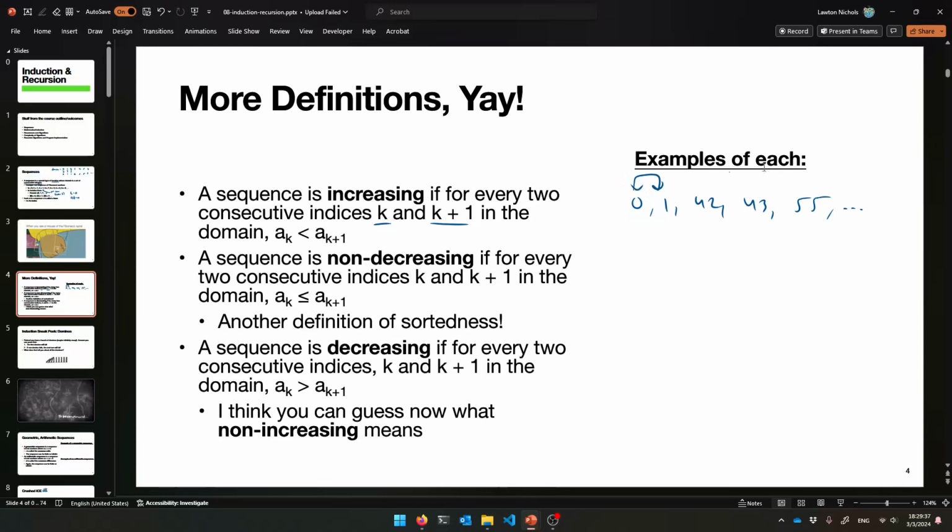You're taking these guys, looking at each of them, then you're looking at these ones, these ones, these ones. This should always be true for them. All right? This is what the definition means. Zoom in on your sequence, look at these values, 42 and 43 maybe this time. You're going to look at each of these and make sure there's your element A of k, and here's your element A of k plus 1.